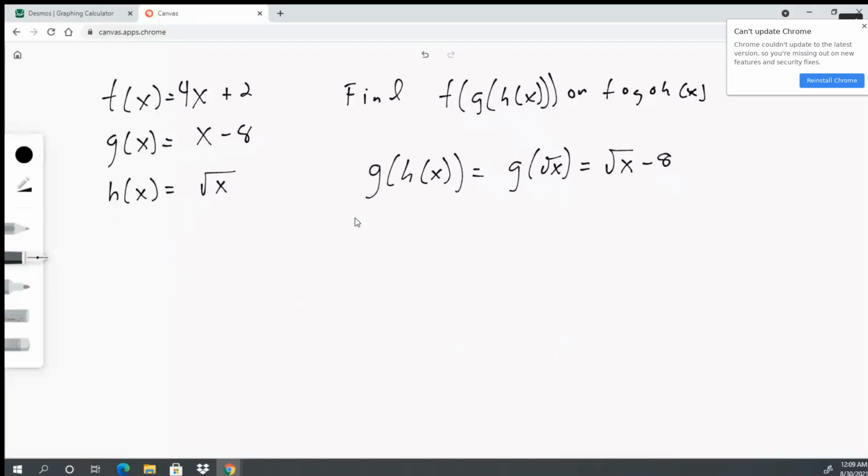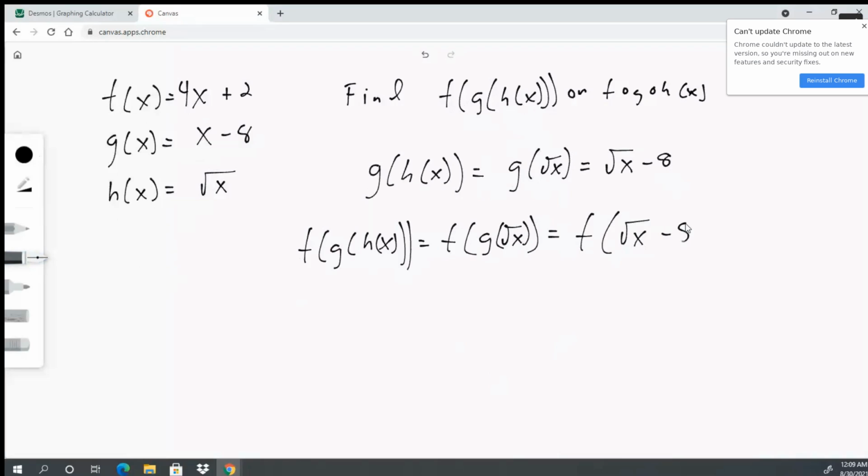So now we want to find f of g of h of x, which is f of g of the square root of x, which is also equal to f of the square root of x minus 8. You see how that works?